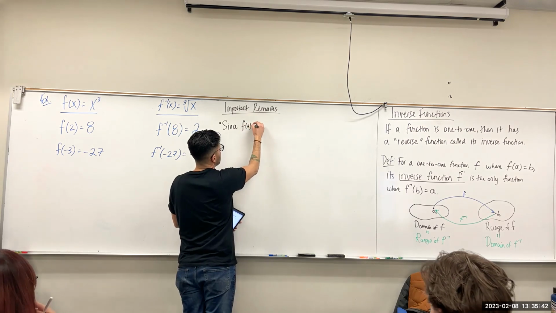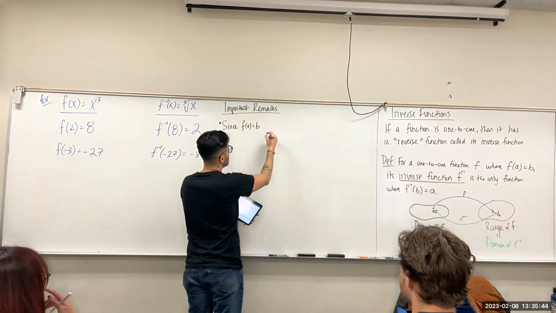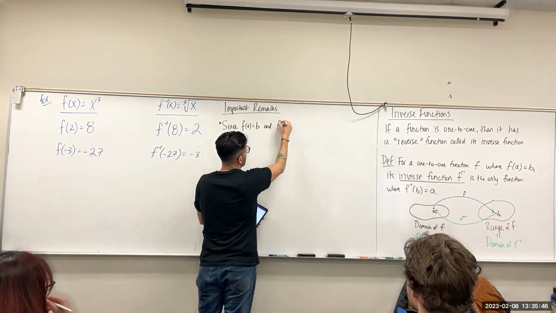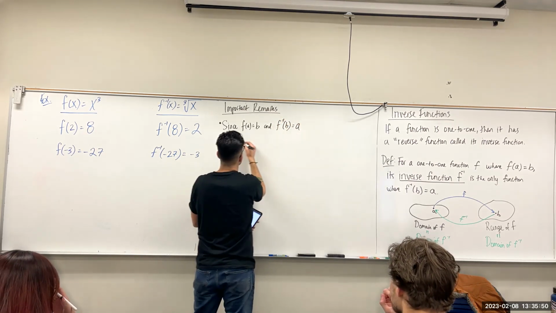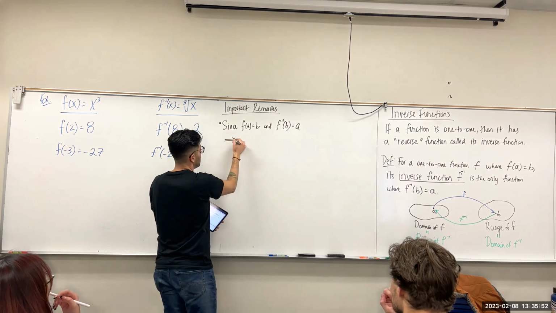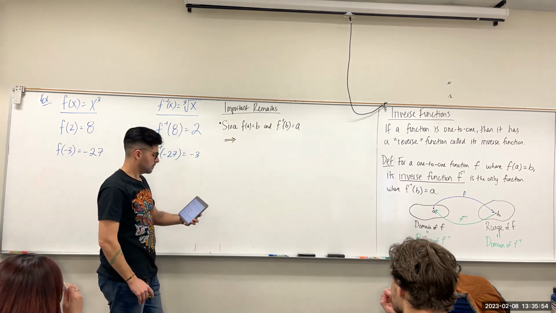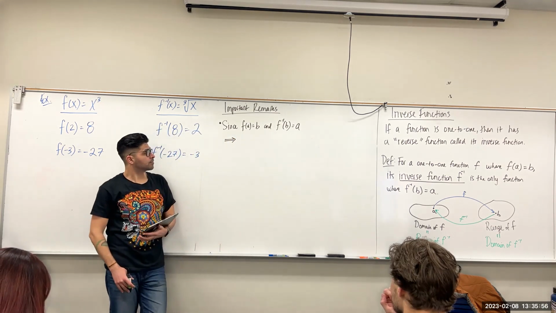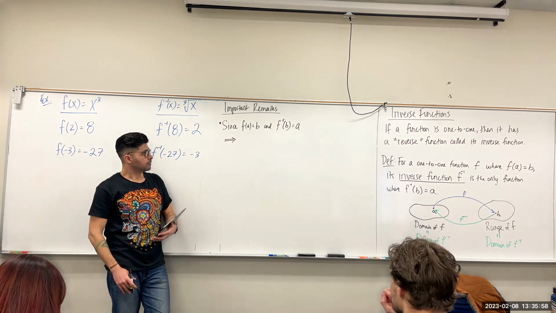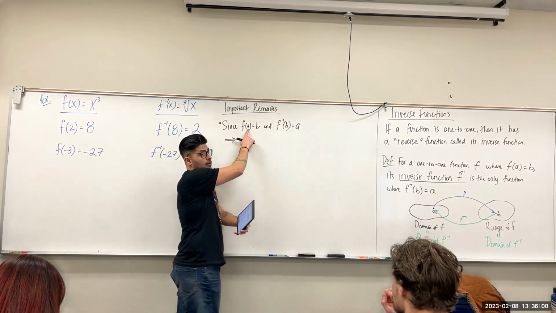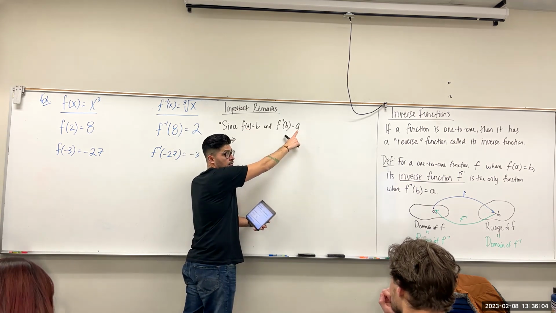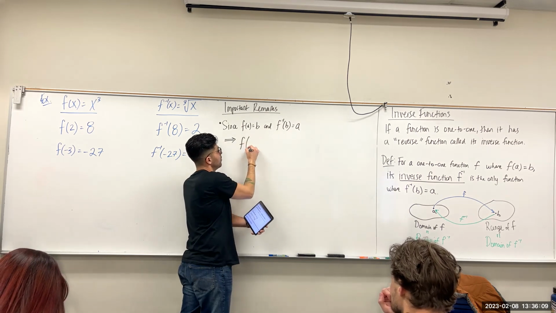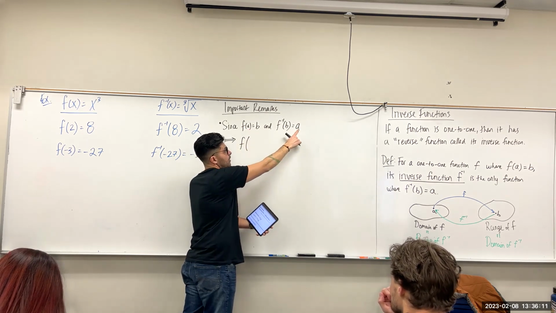Since f of A spits out B, and when I plug in B into the inverse, it spits out A, that is going to imply that, you see this A right here? That A is this A. Cool? Okay, so what can I replace this A with?